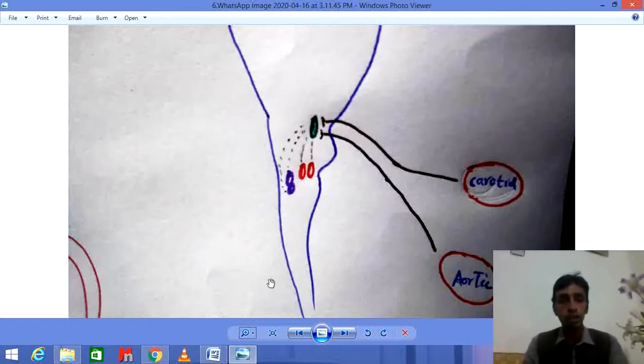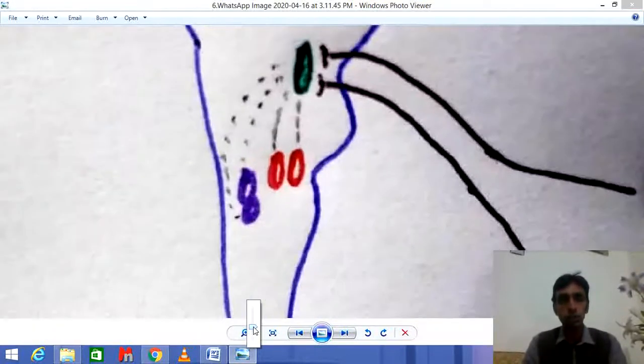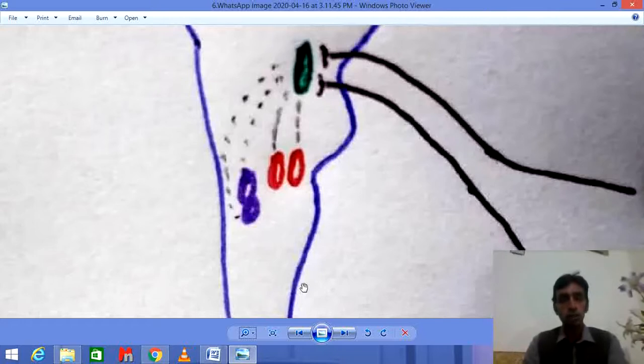Now I also want to explain a few words about this cardiovascular center, but it will require your attention. This cardiovascular center is composed of 2 nucleuses.